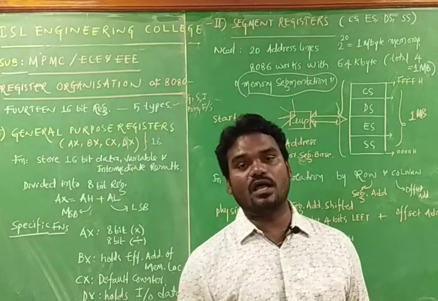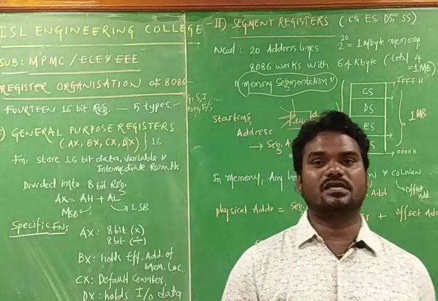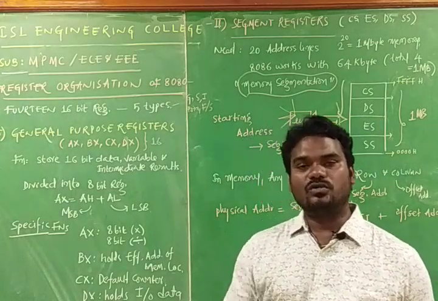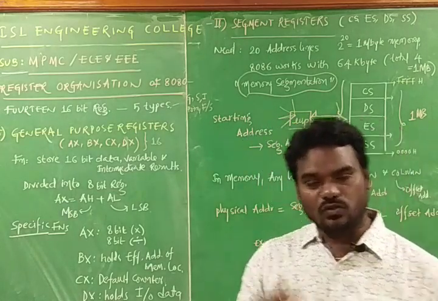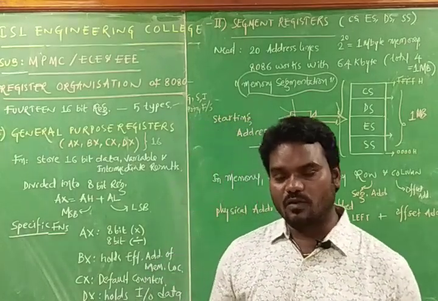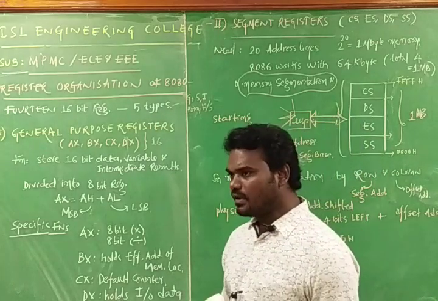You may have a doubt: what is an intermediate result? We know that the 8086 microprocessor has 2 interrupt pins: one is the non-maskable interrupt, another is the maskable interrupt.